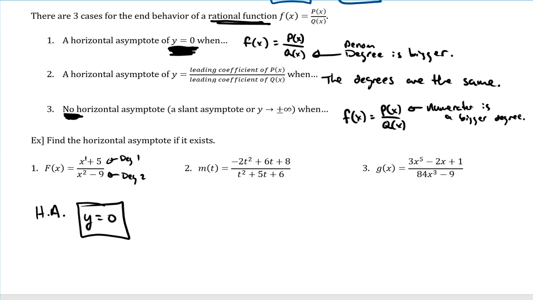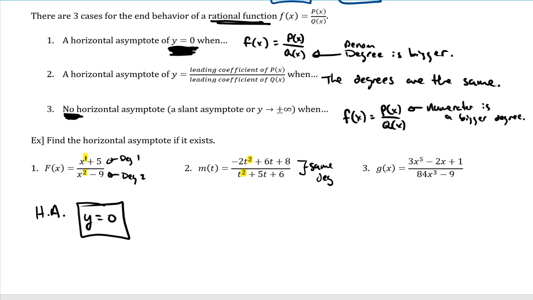Okay, for number 2, I'm looking at these. Make sure it is in descending order. It does look like it's in descending order. Notice I use T, but that's okay. It doesn't have to be X every time. Let me highlight these. So I see those are the degree. They're both degree 2 then. So that means they're the same degree. I'm just going to mark it like this.